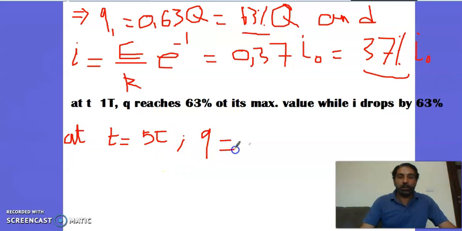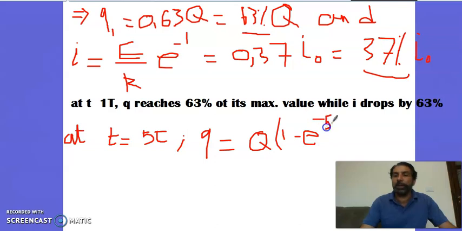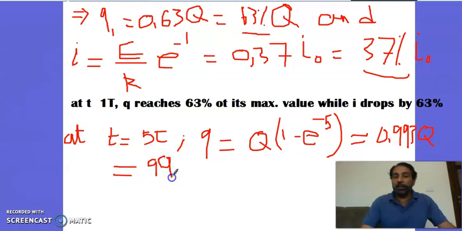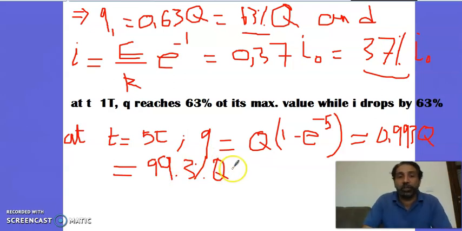Q equal Q, that's the main function of the charge, 1 minus exponential minus 5 tau over tau, you get minus 5, right? So if you do the calculation, approximately 0.993 Q. In reality, equal 99.3% of the total charge. Means practically the capacitor is completely charged, right?